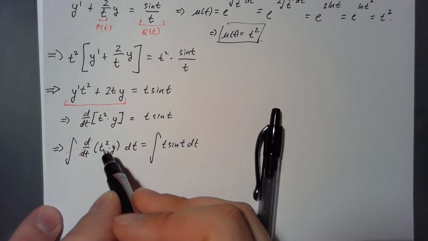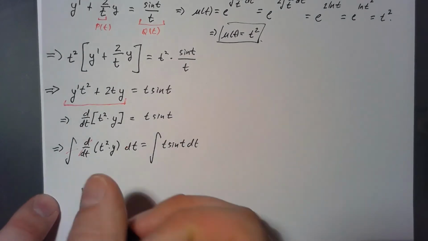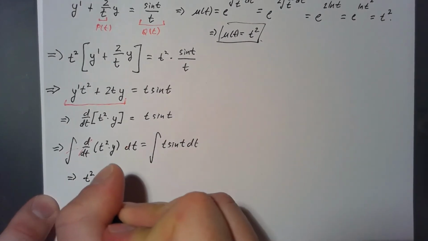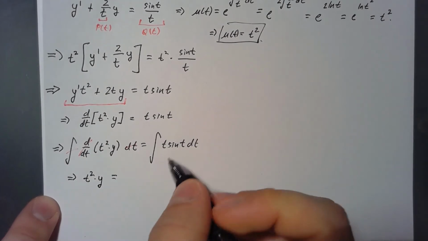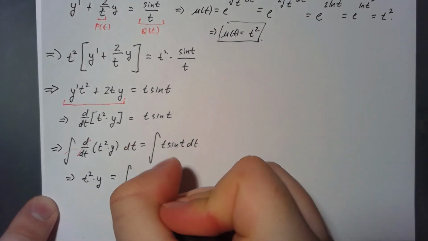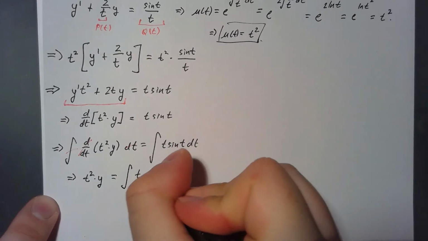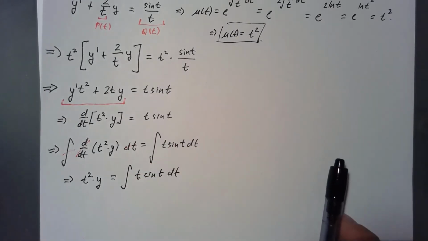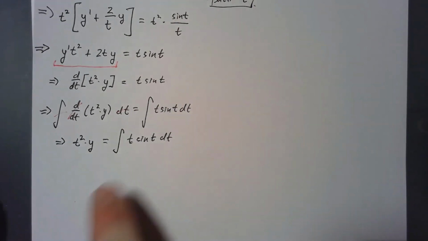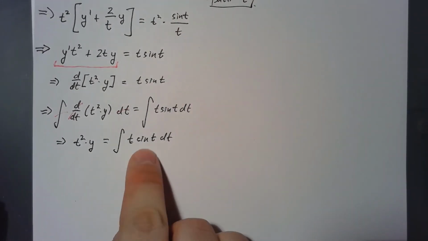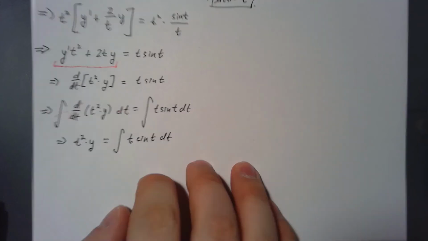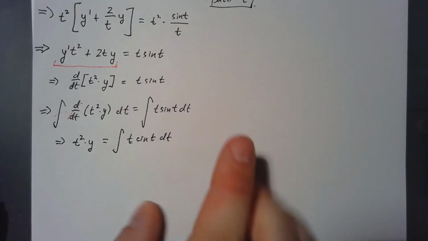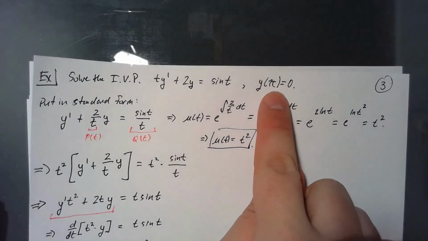So I'm just left with t squared times y. And that equals the integral of the right side. Alright, so from here, like I said, this is the last part of the step. Now from here, you just got to integrate this and then solve for y and you're done. You'll have the general solution. But we need to find what c is, and we'll get to that.